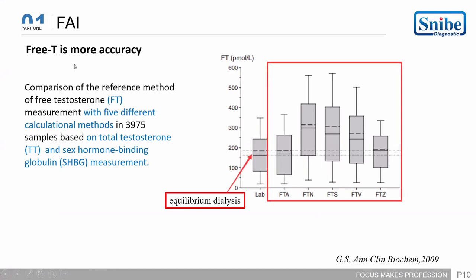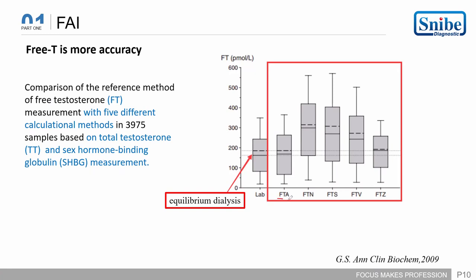If we talk about free testosterone, equilibrium dialysis is more accurate. Here is the comparison of the reference method for free testosterone with five different calculation methods in around 4,000 samples, based on total testosterone and sex hormone binding globulin measurement.